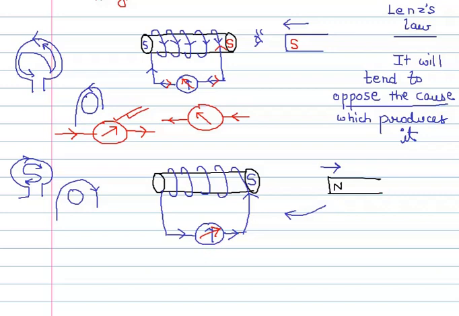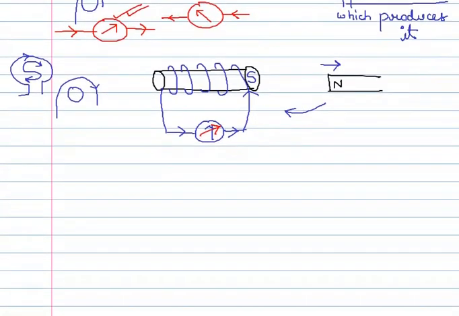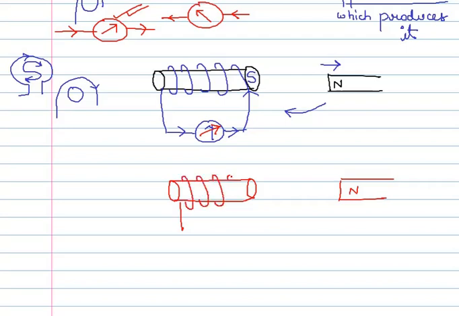One additional point that I would like to say is that you might get problems where the magnet is completely at rest. There is no motion in the magnet, but the coil is moving. And that is a valid problem as well, because as I said, it's not necessary that it is always the magnet which has to move. What is necessary is that there has to be a relative motion between the two.